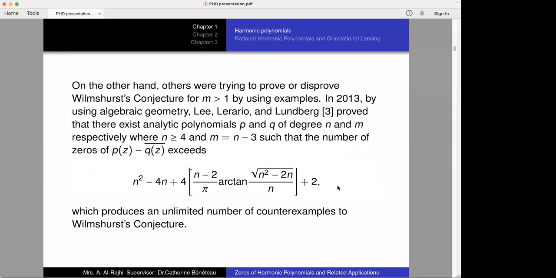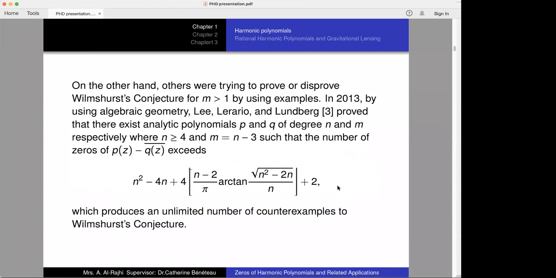Also, other mathematicians kept looking at the problem, trying to prove or disprove Wilmshurst's conjecture, until 2013, by using algebraic geometry.